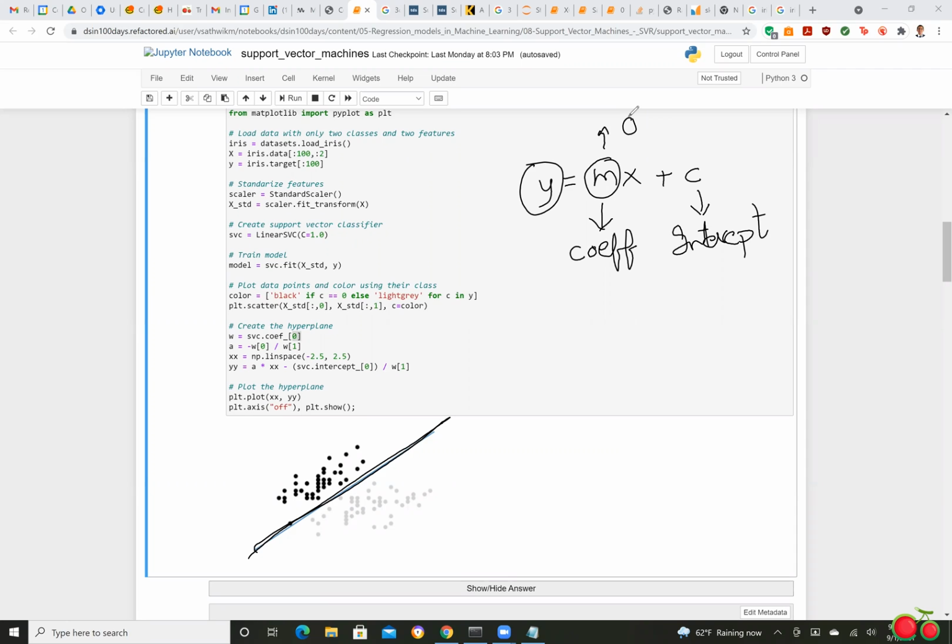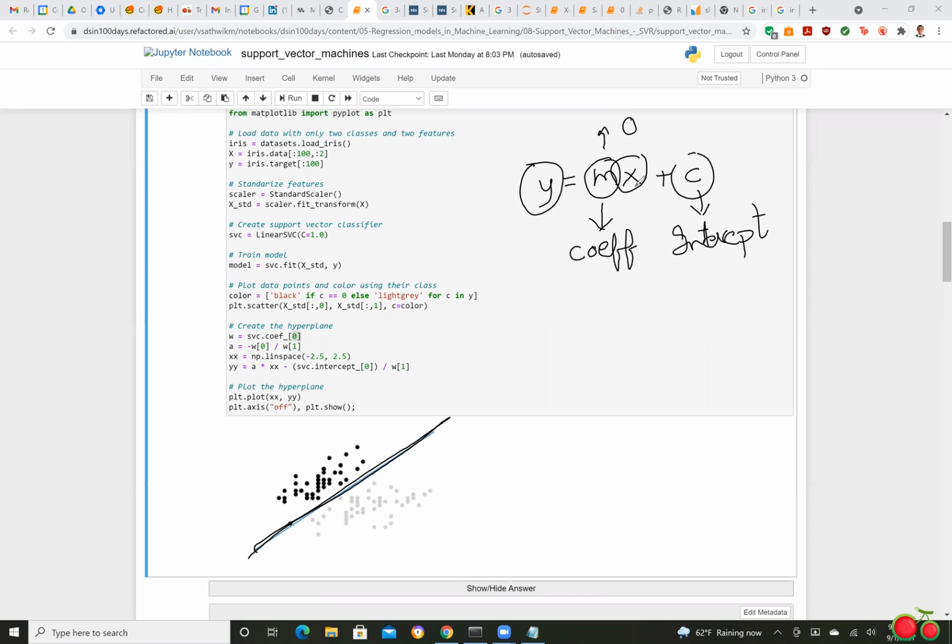Let's assume that it is 0. If m is 0, what happens to my y value every time? It is equal to c in every case, because x doesn't matter anymore.